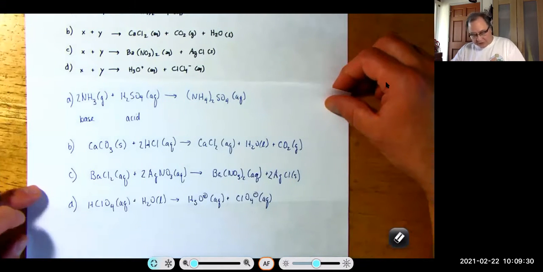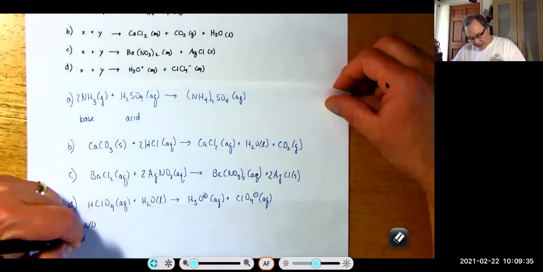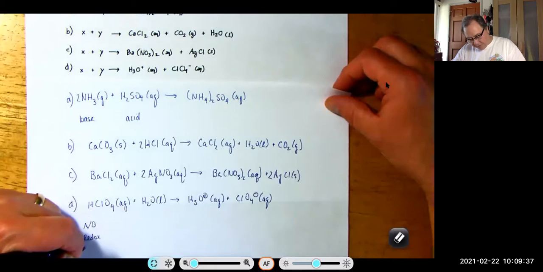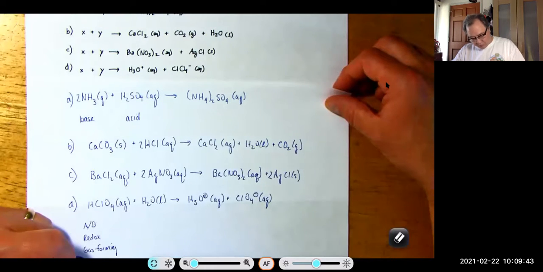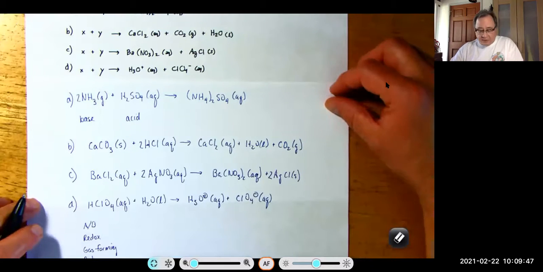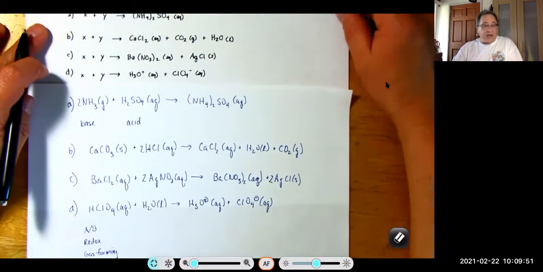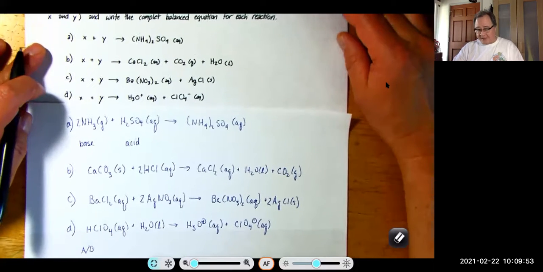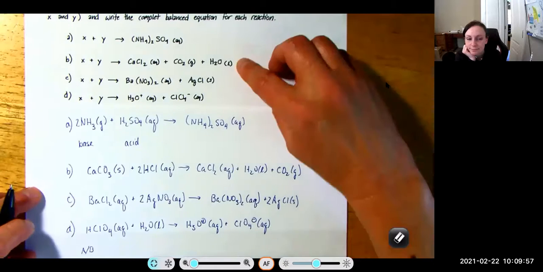So our choices are pretty much acid-base, redox, gas forming, or precipitation. And if you look at the reactions above, can you see why I would go with precipitation for C and gas forming for B?